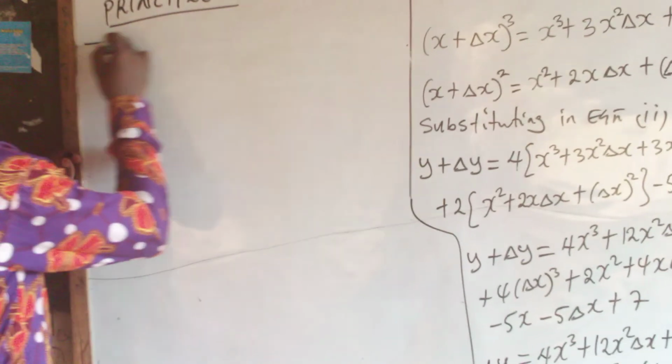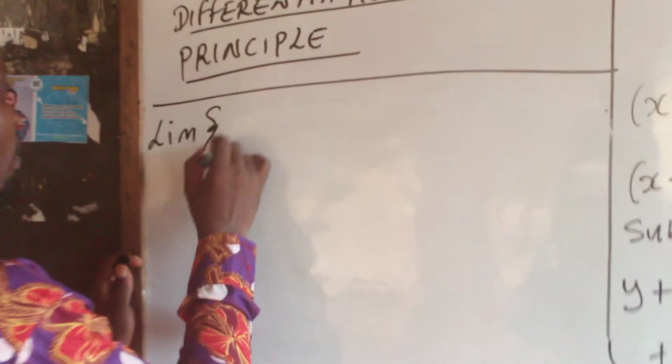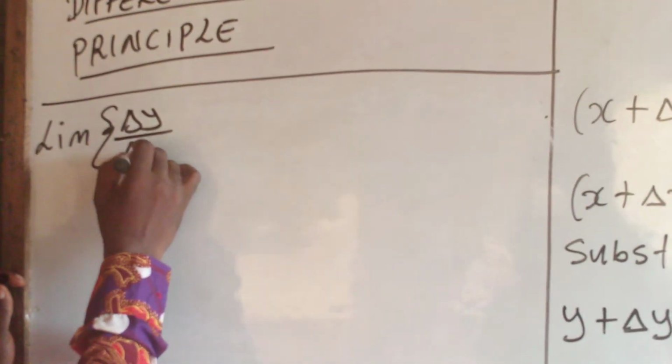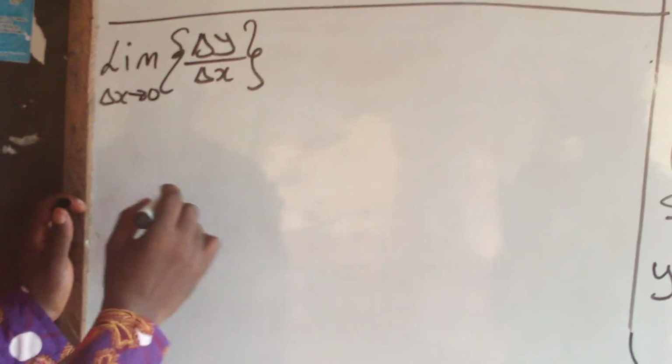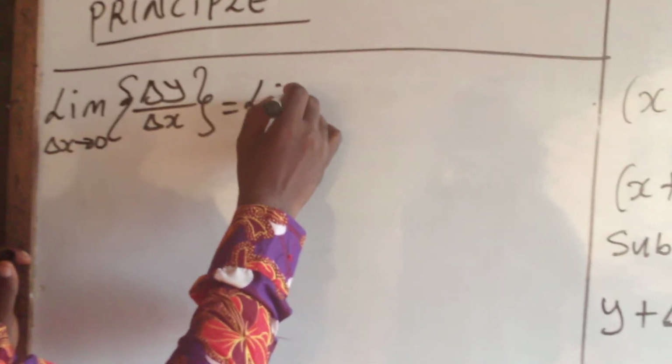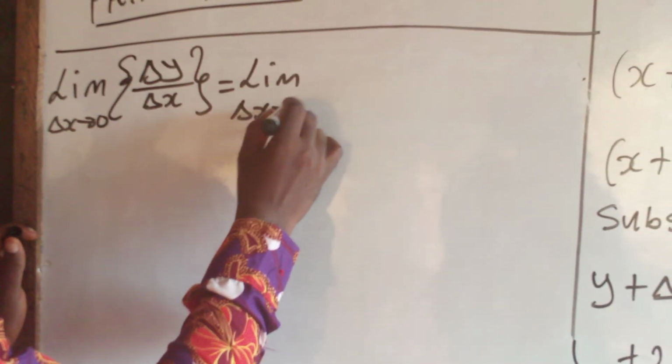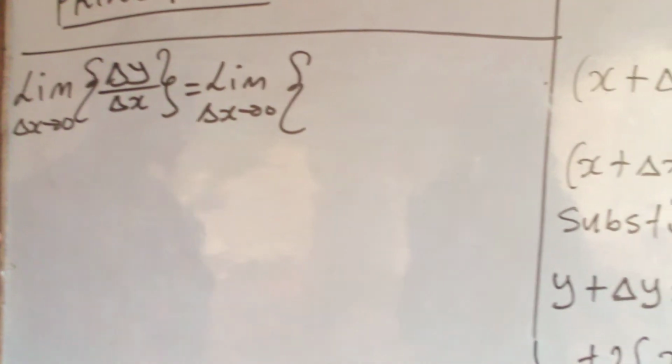So what you are going to have will be, you see, limit of change in y over change in s as change in s tends to 0 will be equal to limit as change in s tends to 0. Then you will now write this expression that side.